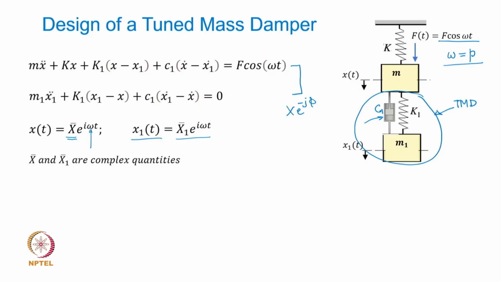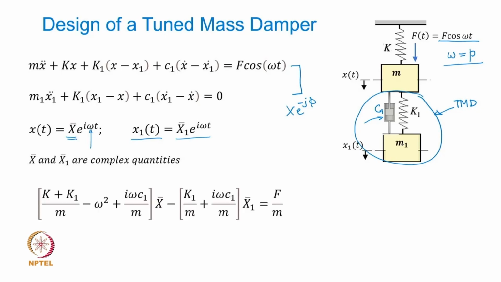With these assumed solutions, if you substitute back into these equations, we would get an equation like this. Obviously, because when you take the first and second time derivatives, you will get complex quantities in this equation, unlike in the undamped case, okay.